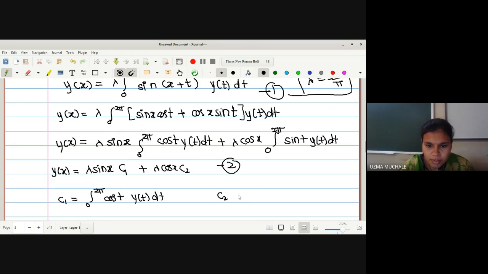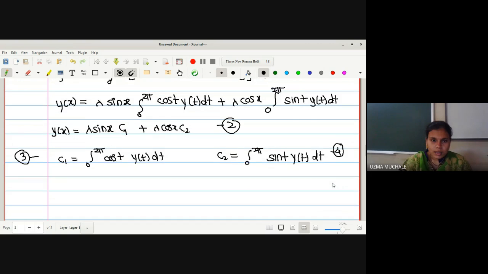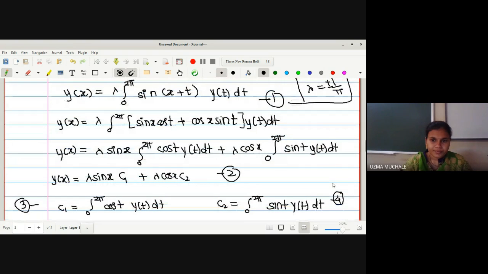Similarly, we have the equation C2 is equal to integration 0 to 2 pi sin t y of t dt. You can name these as equations 3 and 4. Now you have to solve equations 3 and 4 by using equation 2 in terms of t. Okay. Right after this, then we will solve C1 and C2.